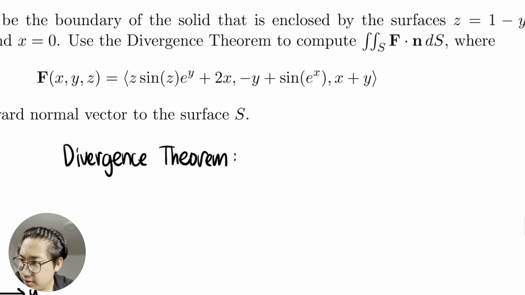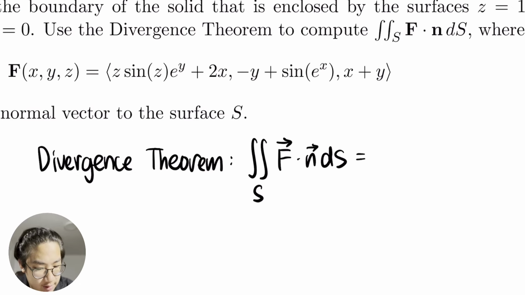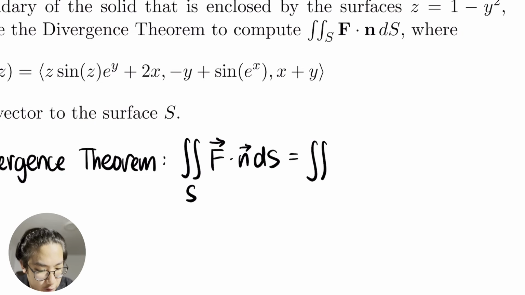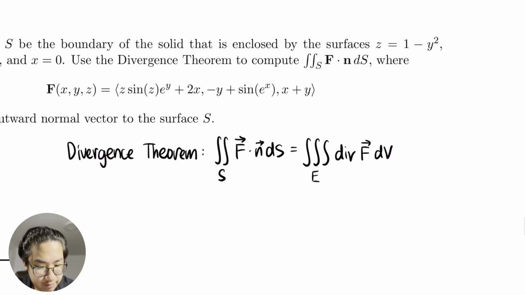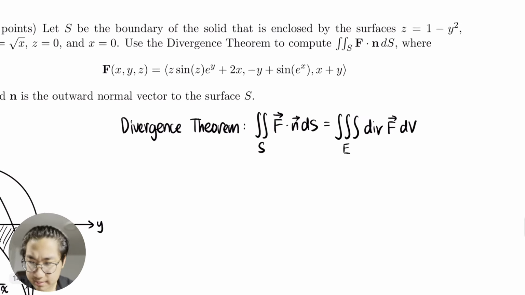So in this case, we have the surface integral over S of F dot n dS, which is equal to the triple integral over solid E of the divergence of F dV. In this case, E is the solid that's bounded by that surface S.